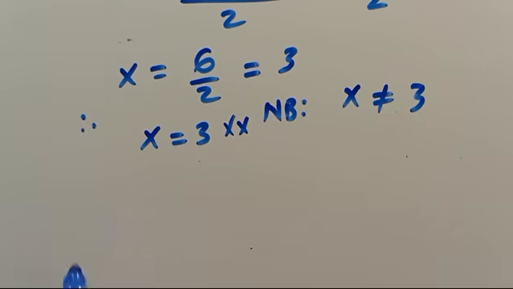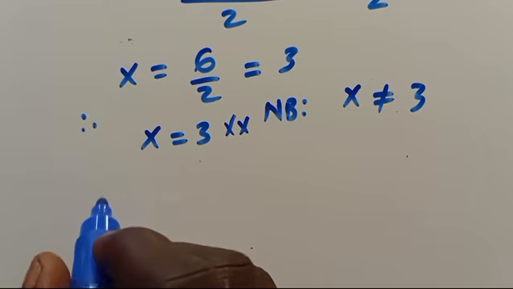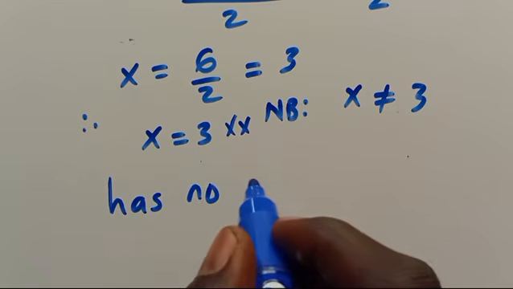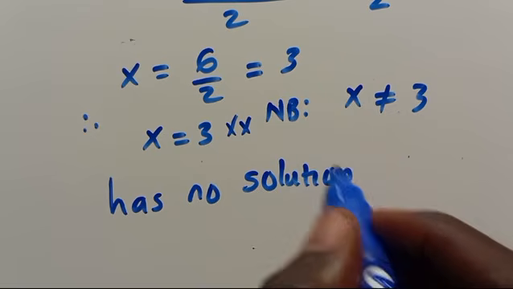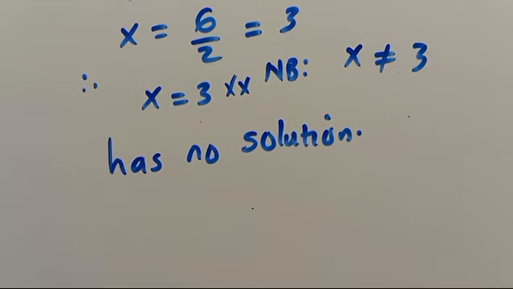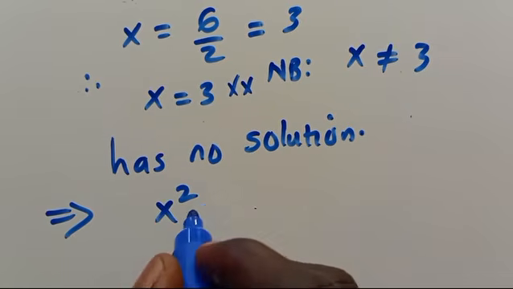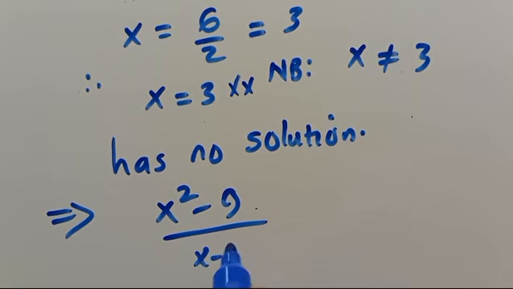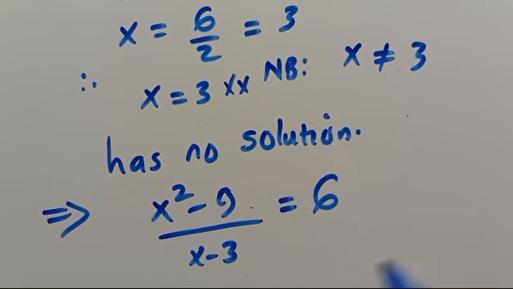And we can declare finally that the problem has no solution. And we have this problem, (x squared minus 9) over (x minus 3) equals 6: no solution.